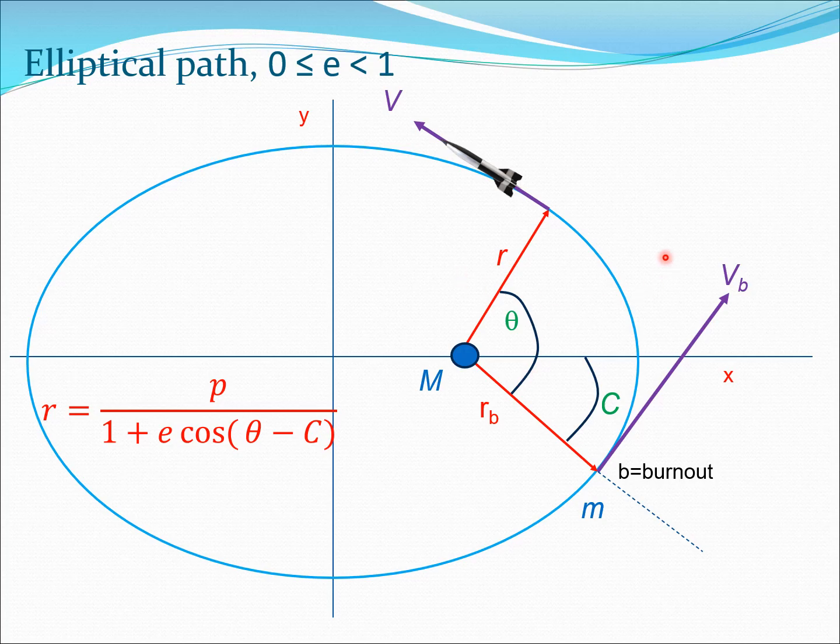So essentially whenever E lies between 0 and 1, you are going to get the ellipse as the path. Both the circular case and the elliptical case, where E lies between 0 and 1, result in paths which are essentially circling or orbiting around the planet concerned. If E is equal to 0, you will get the circle, and if E lies between 0 and 1, you will get the ellipse.